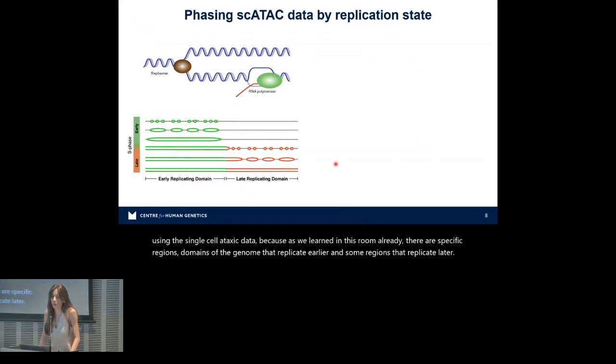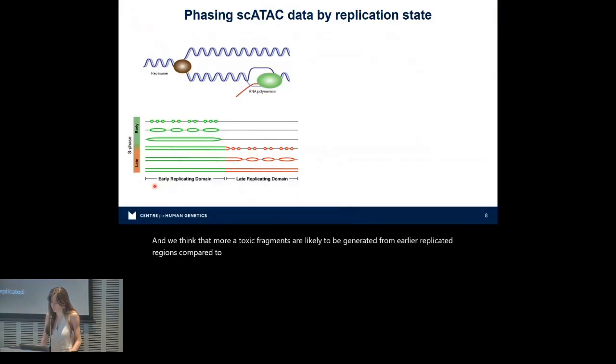And we think that more ATAC fragments are likely to be generated from early replicated regions compared to the late replicated regions in cells undergoing replication. And so this difference can indicate the replication state of the cell.